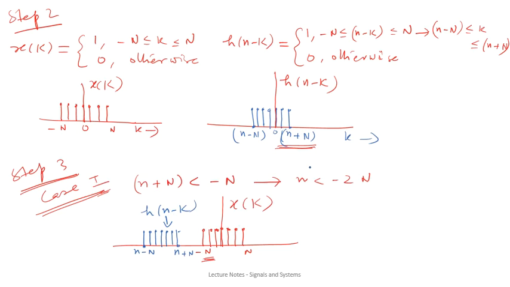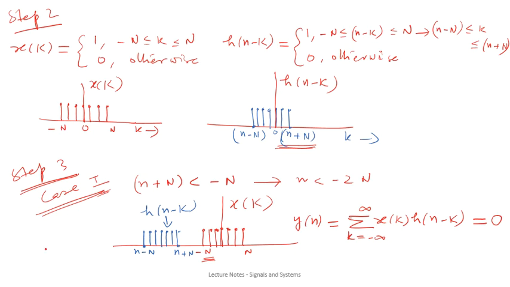From here you can see that these two signals do not overlap, there is no common period between the two. So directly you can write that y[n], the summation over k from minus infinity to infinity of x[k] h[n minus k], will be equal to 0, because there is no overlapping for these two signals.